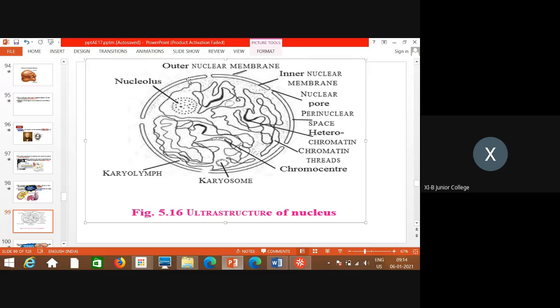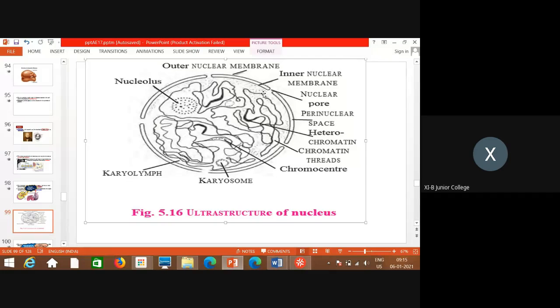First, the nuclear membrane surrounds the nucleus, and it is made up of two layers, outer and inner membrane. The space present in between these two membranes is called the perinuclear space.